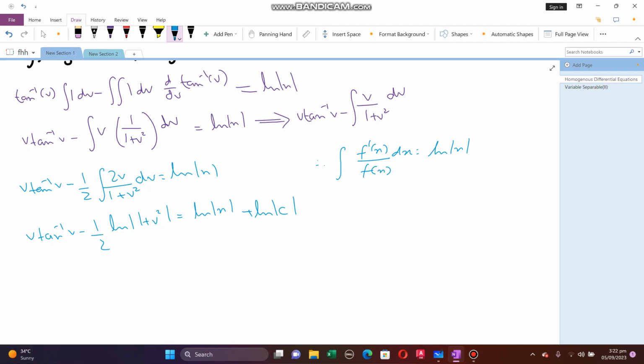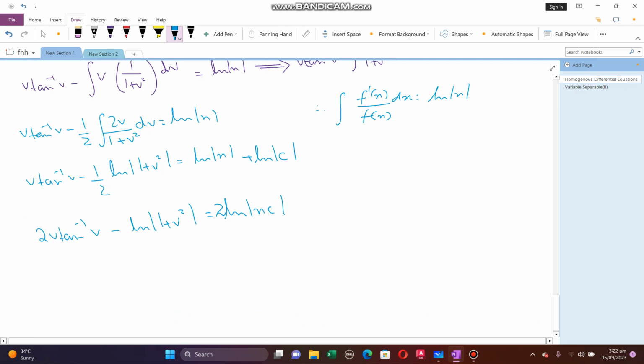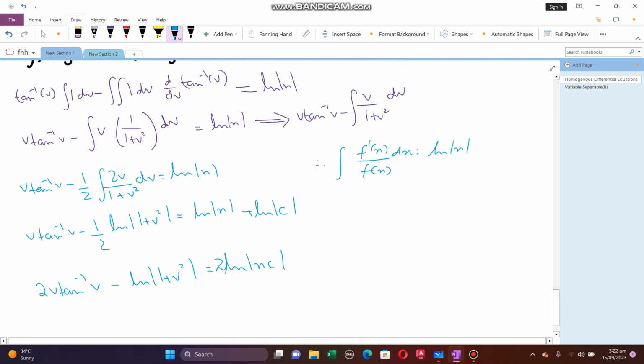Now basically we can combine these terms together, and first of all we need to eliminate this 2, so multiply both sides by 2. 2v tan inverse v minus natural log of 1 plus v square is equal to natural log of xc times 2.